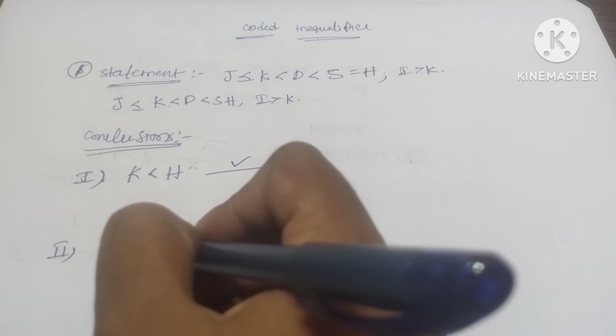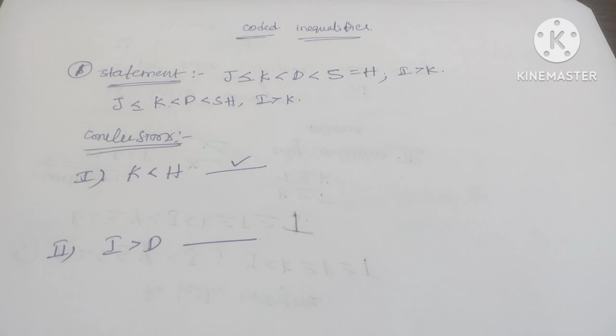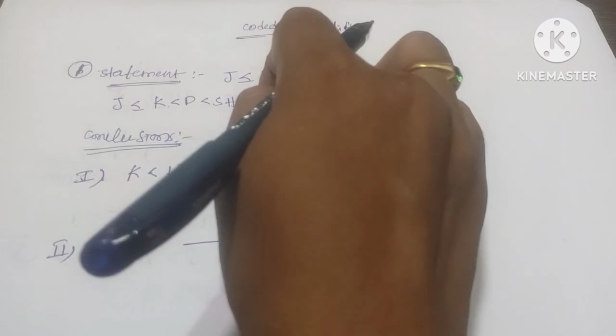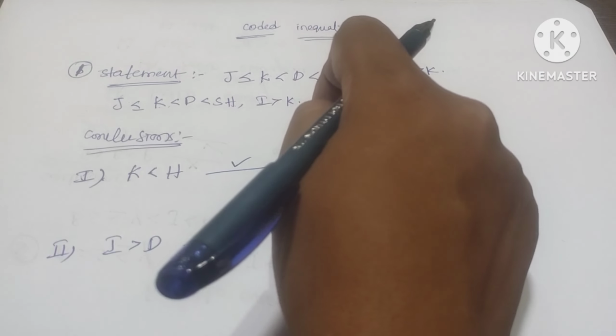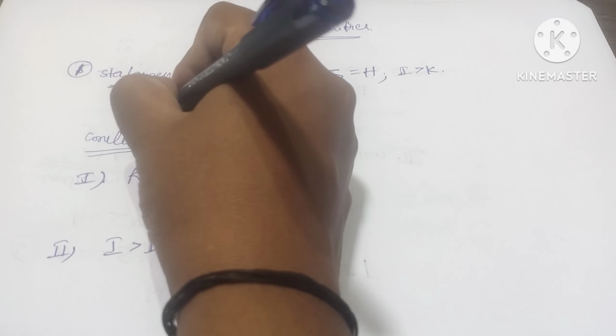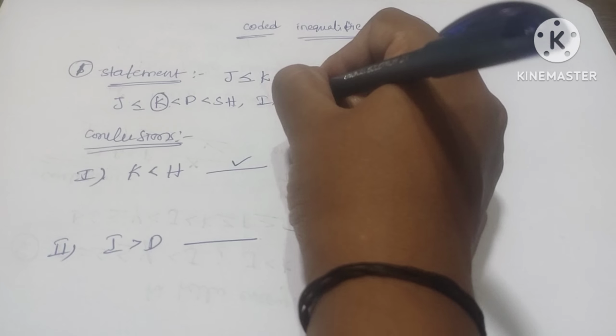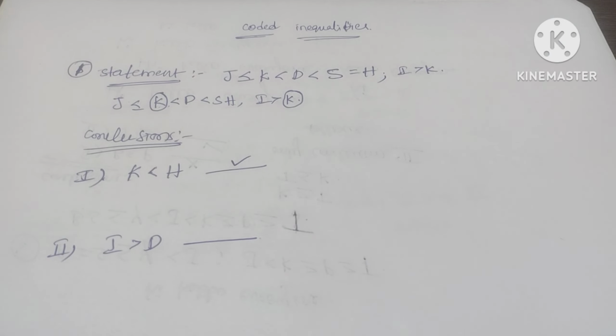Now I is greater than D. We have to take the common letter between these two statements. Here K is the common letter.